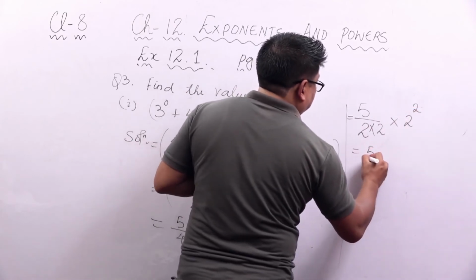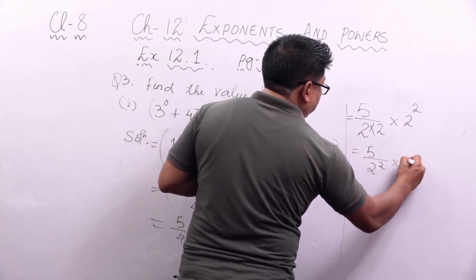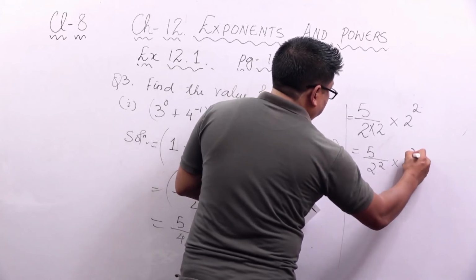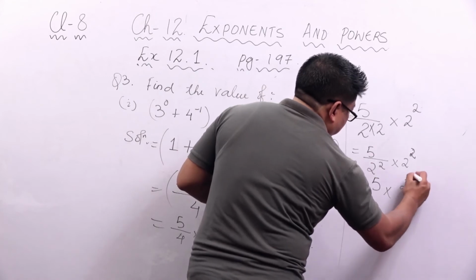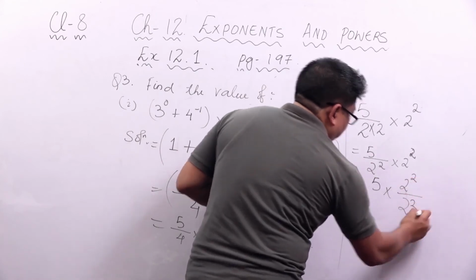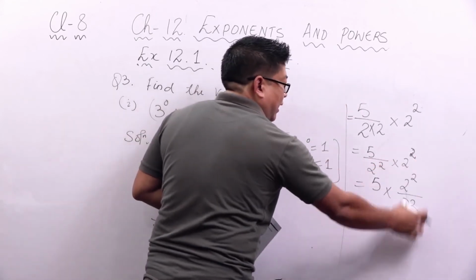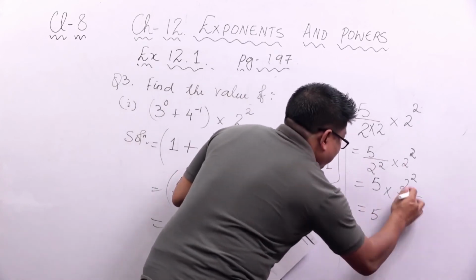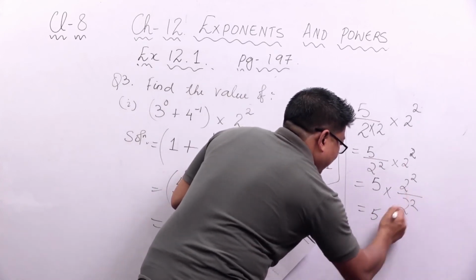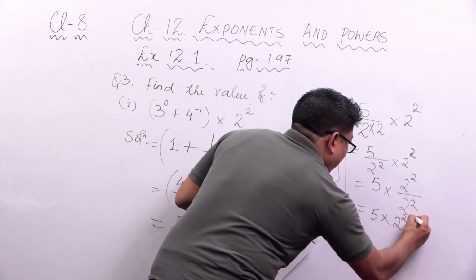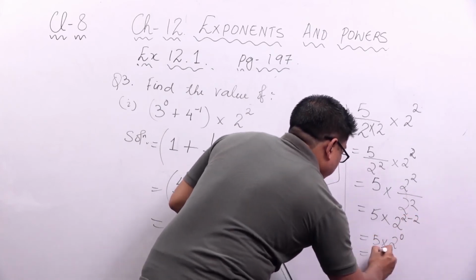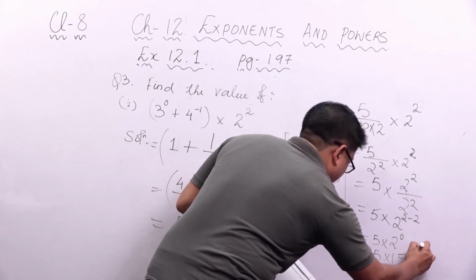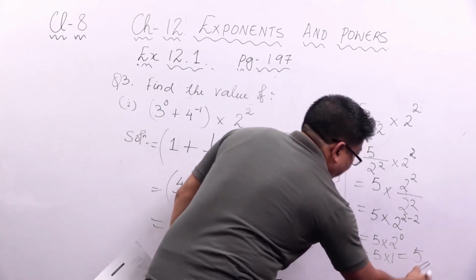So I can write like this, 2 to the power 2 into 2 to the power 2. So this will become 5 into 2 to the power 2 by 2 to the power 2. I am putting them together. Now this is same base and divide, so I will subtract the power. So I get 5 into 2 to the power 0. So 5 into 1 is equal to 5. My answer will be 5.